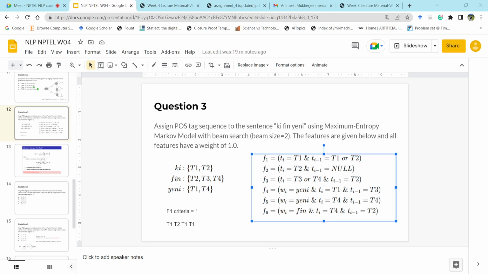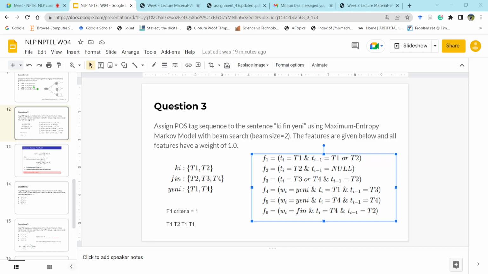Similarly, this will become 1 by Z into e to the power 1, because only one feature is correct and the weights are also 1. Now coming to the Z part.